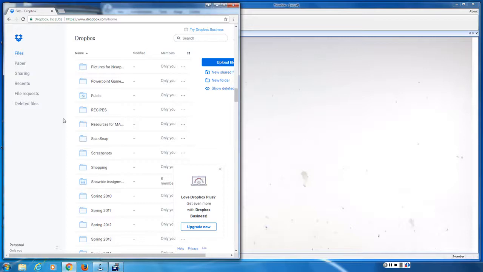You can also install it on your iPad, your iPhone or your Android phone. It is just simply like a virtual flash drive. And the good thing about it is, unlike your flash drive, once you make changes, like maybe from your laptop, it saves back to the Dropbox.